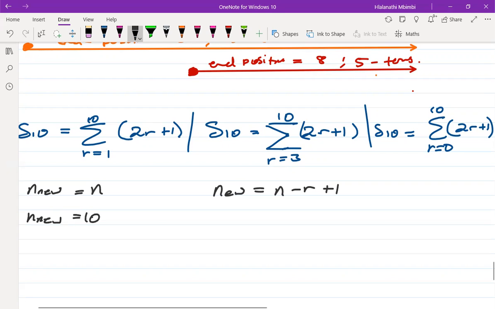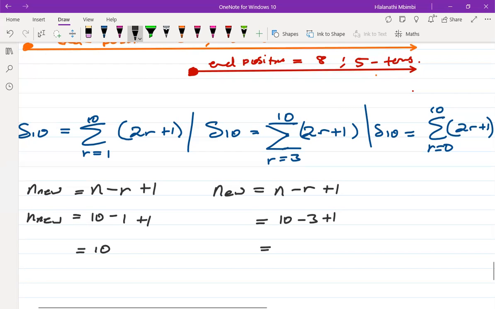So this is going to be 10 minus 1 plus 1, which is equal to 10. And then here, we're going to have 10 minus 3 plus 1. So here we're going to be adding 8 things.